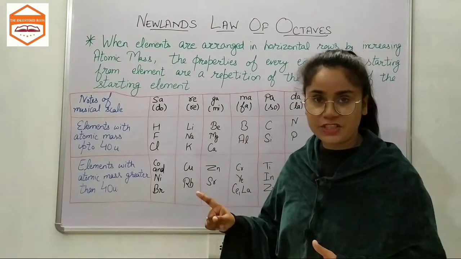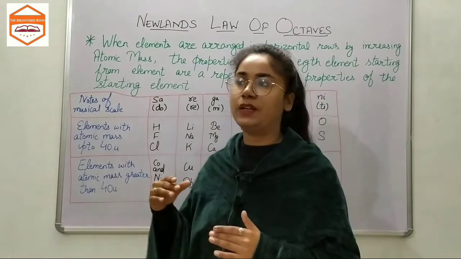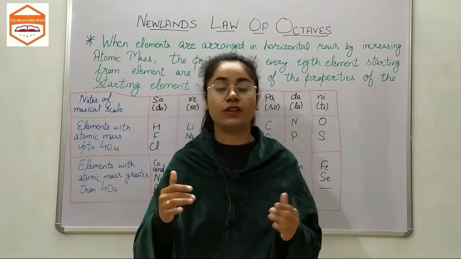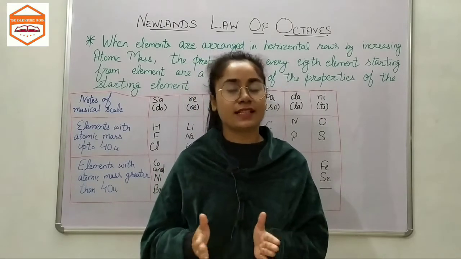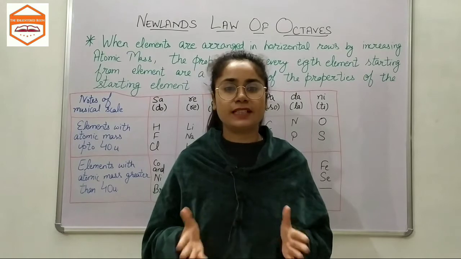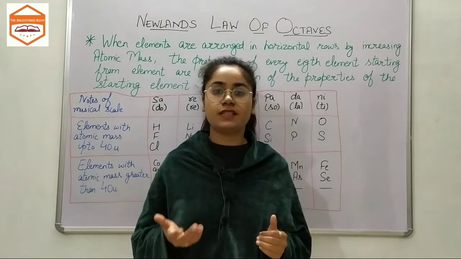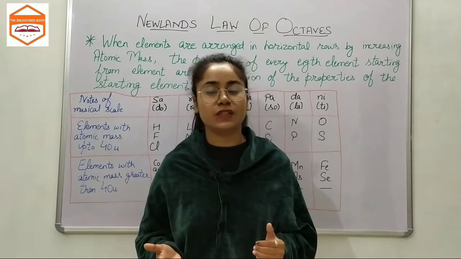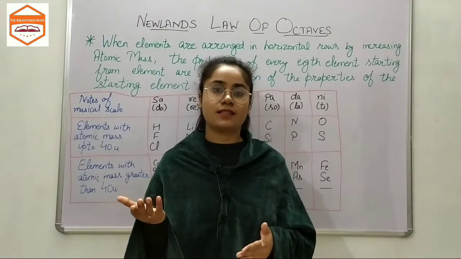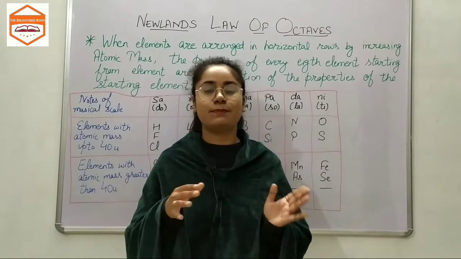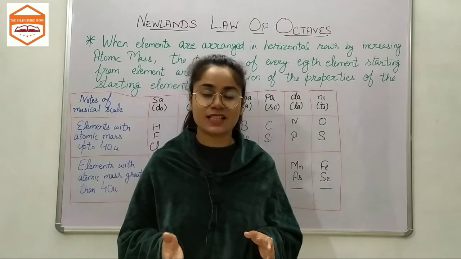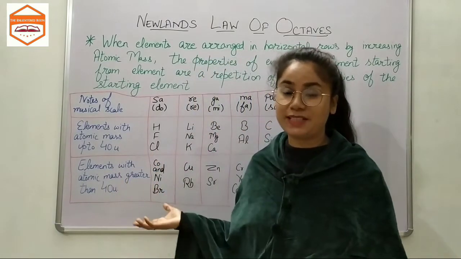So this was the first limitation. The second limitation is that when Newlands discovered his trend, only 56 elements were known. But he said that only 56 elements can exist in nature, which was not true, of course, as many more elements were discovered after his theory. So this was one of its limitations.